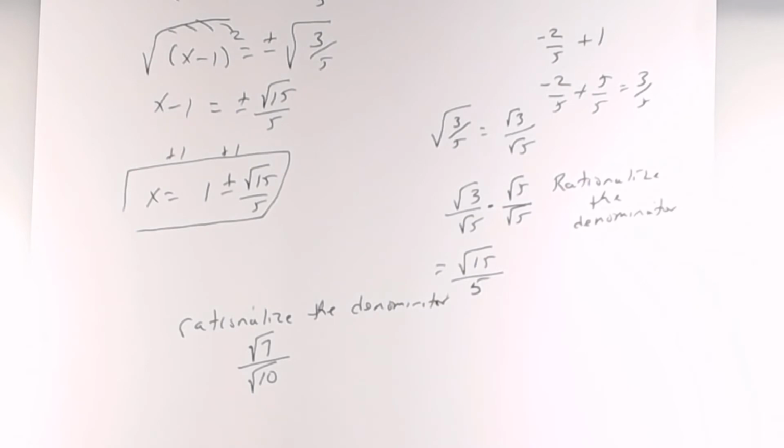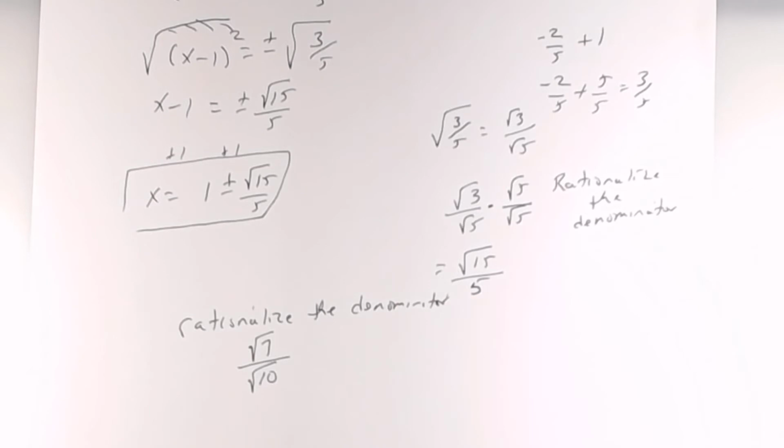The denominator is what kind of number at the moment? Irrational. Rationalize the denominator, if you remember that phrase from last semester, or whatever course you may remember it from, means to make the denominator a rational number. Square root of 10 is not a rational number. Square root of 10 is an irrational number.